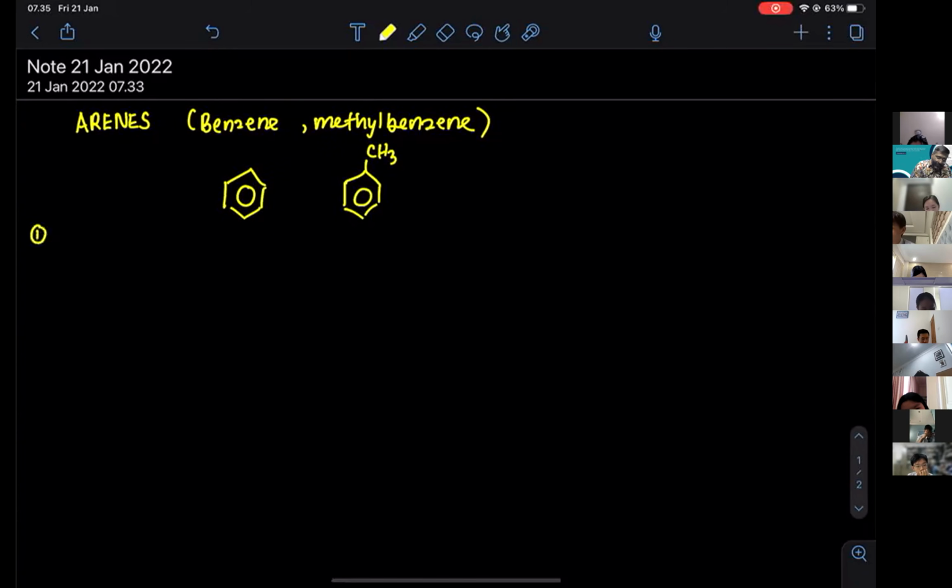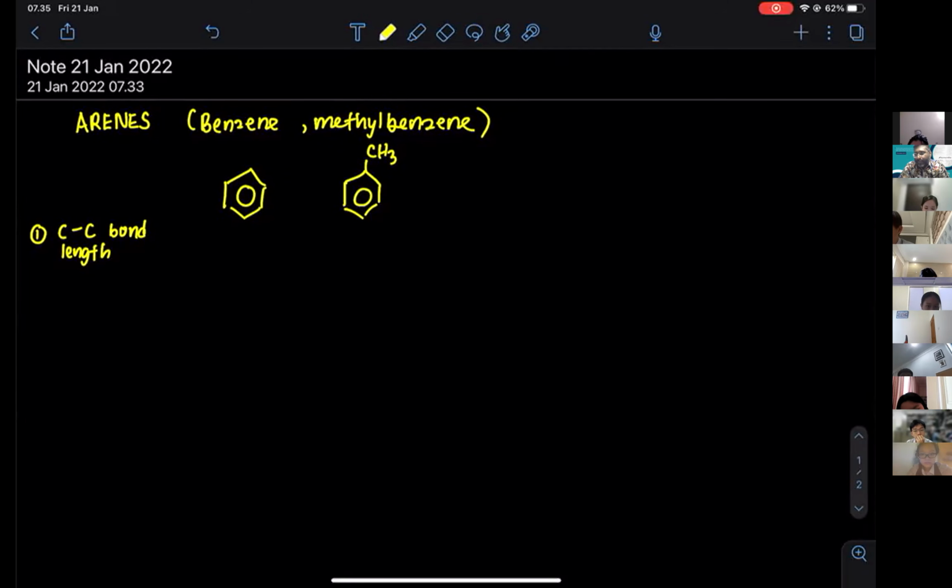One is the carbon-carbon bond length. They found out that it's different. The carbon-carbon double bond is shorter than the carbon-carbon single bond, but when it comes to benzene, they find it's somewhere in between.